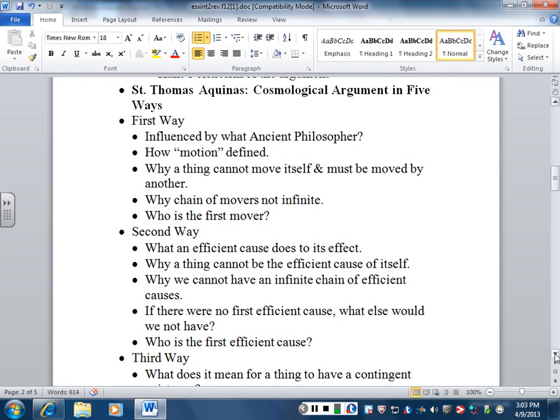Basically, he's going to try to say, well, there are a number of possibilities, right? Things could bring themselves into existence. The universe could be infinite and not require a first cause. Or maybe it has an intelligent, necessary first cause.